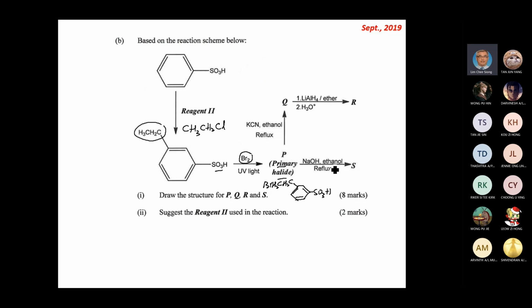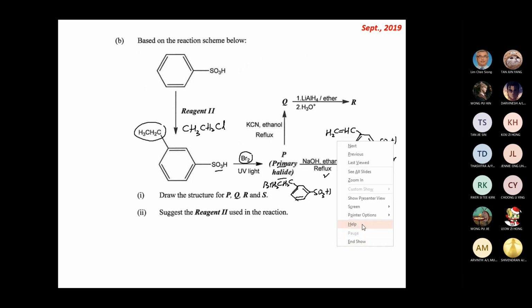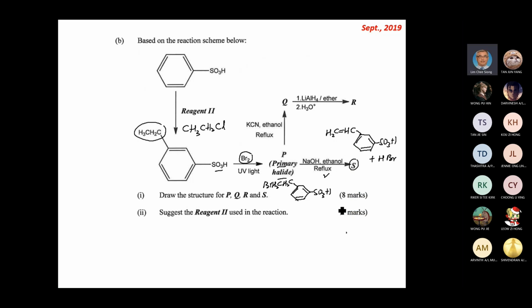Okay, using NaOH with ethanol and going to reflux. So this is under what? Under the elimination process. So the compound can be obtained as here. Get it?